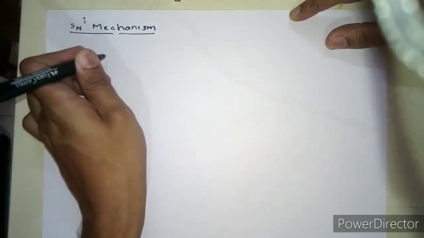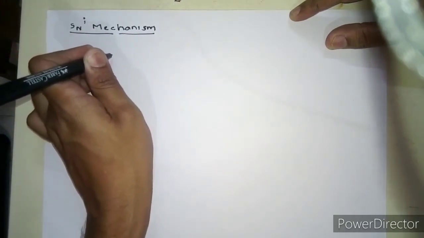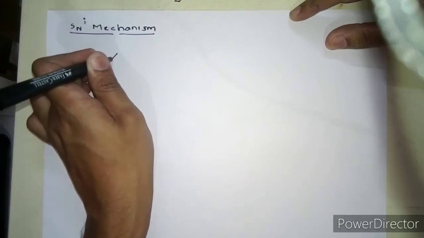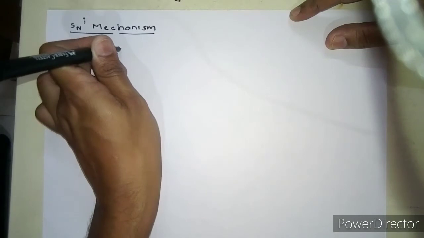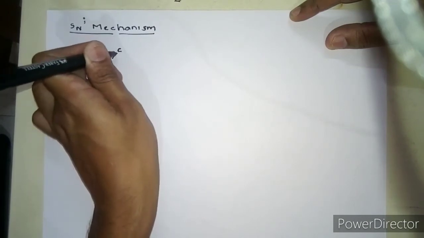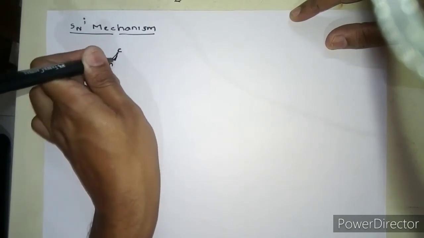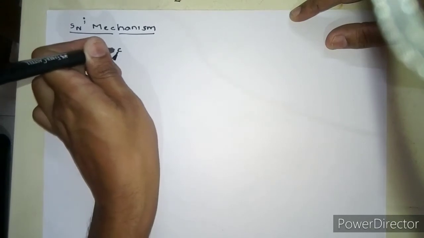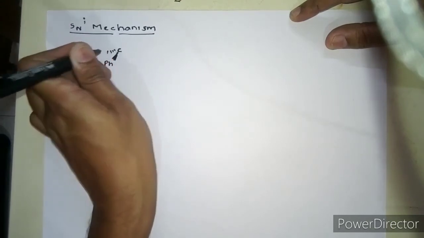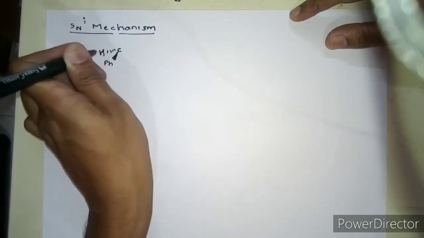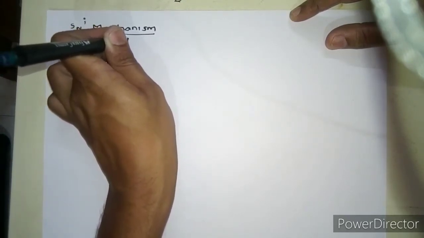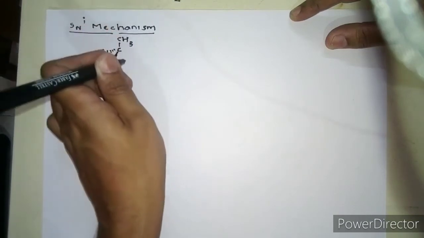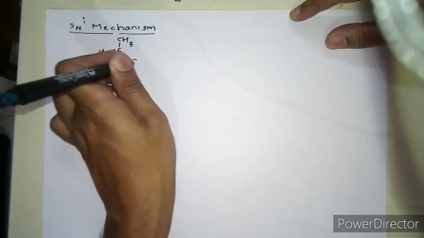Now suppose I take an optically active alcohol, with hydrogen, CH3 and OH.